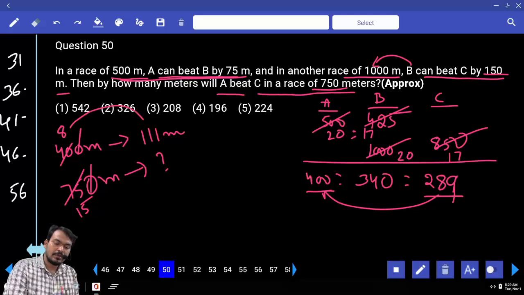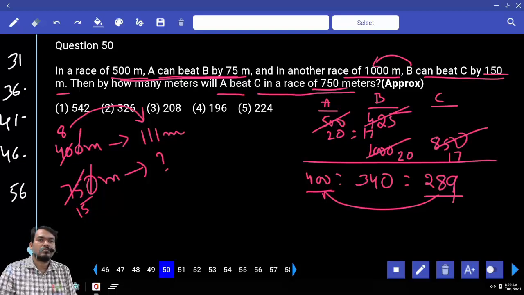What is the relation between 8 and 111? Almost 14 times. 8 times 14 is 112. So 15 into 14 is 210. Then the answer will be nearby 210.